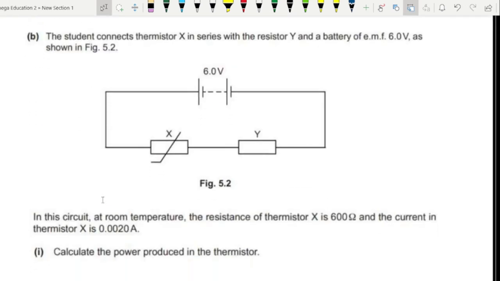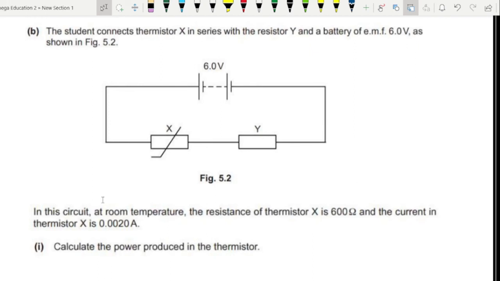All right, then we have the next one. The student connects a thermistor in series with a resistor and a battery of EMF 6 volts as shown in figure 5.2. In the circuit at room temperature, the resistance of thermistor X is 600 ohm, and the current in the thermistor is 0.0020 ampere.